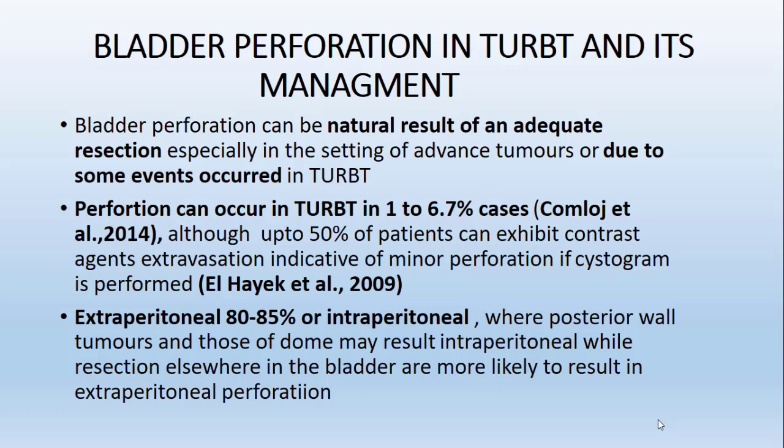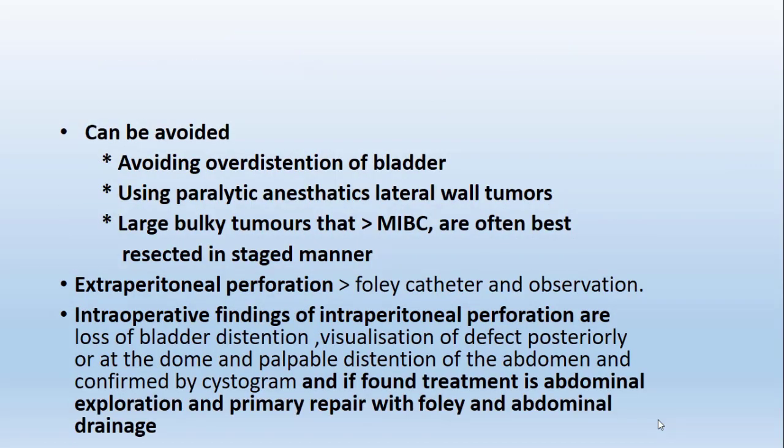Perforation may be extraperitoneal or intraperitoneal; 80 to 85% are extraperitoneal. Tumors of the posterior wall and dome may result in intraperitoneal perforation, while other areas of the bladder can result in extraperitoneal perforation.